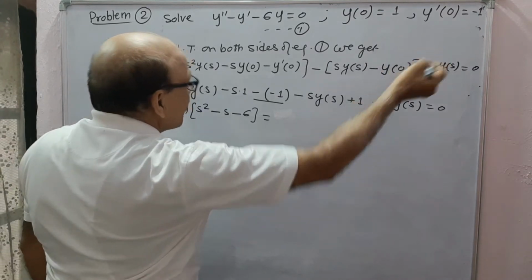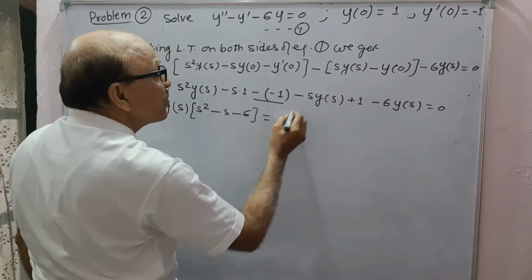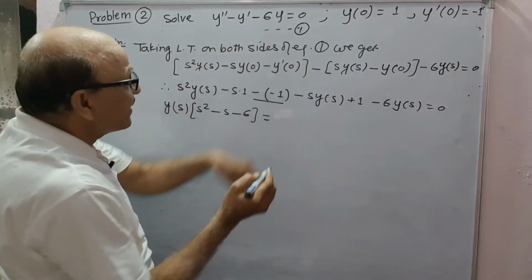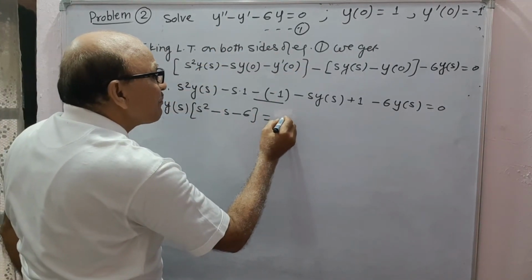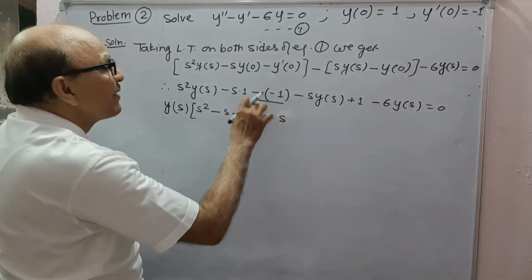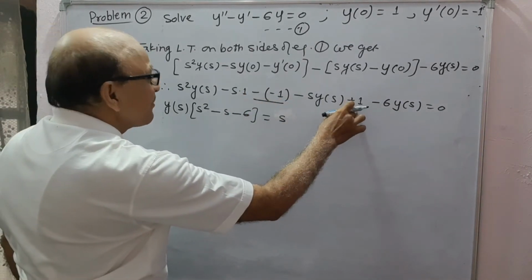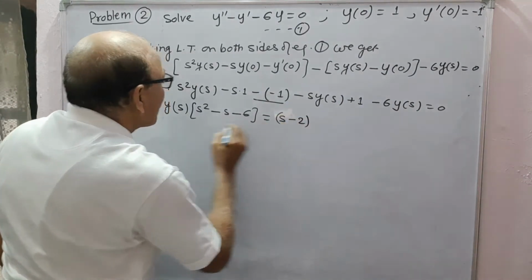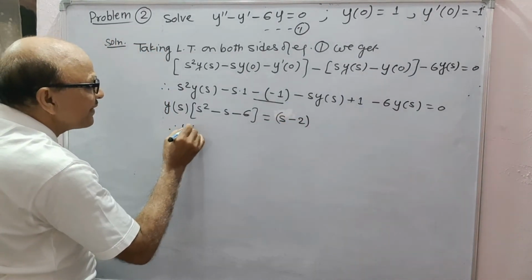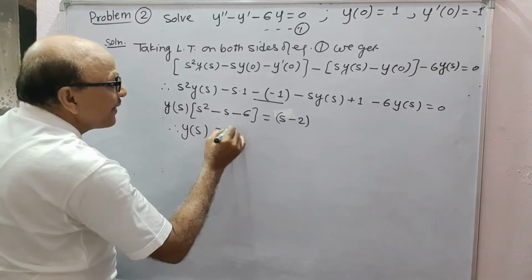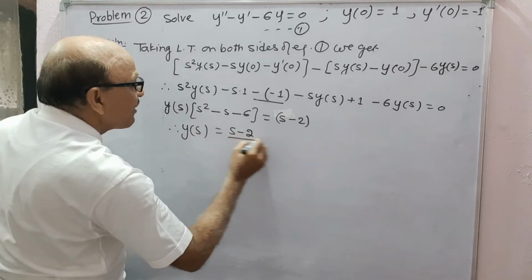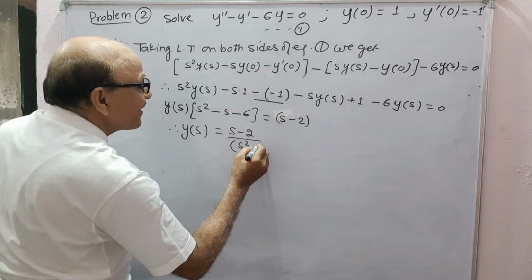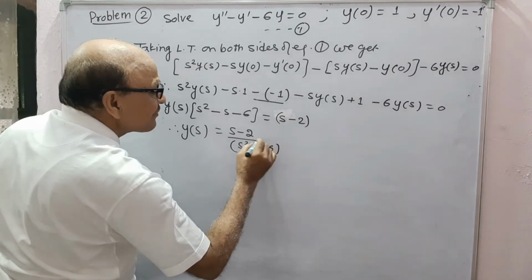Plus 2 goes to the right, becoming minus 2, and this s goes to the right, plus s. So y s will be equal to s minus 2 upon s square minus s minus 6.